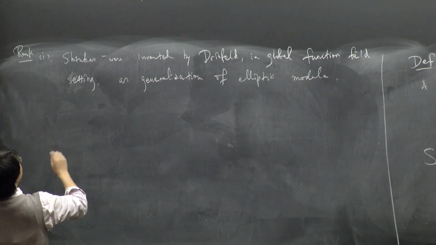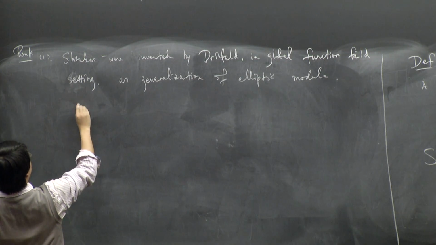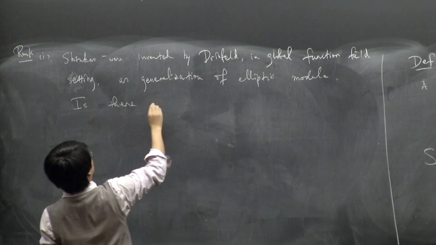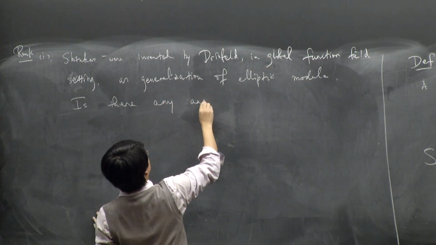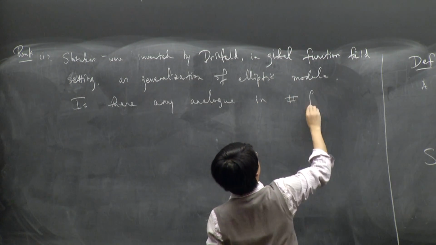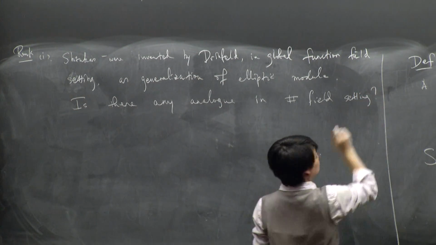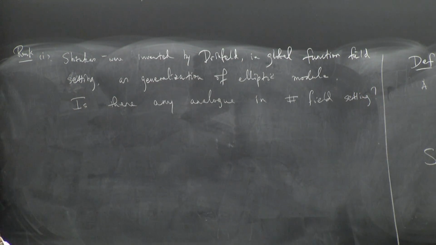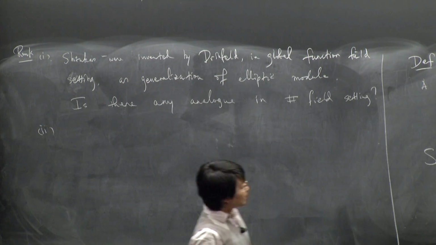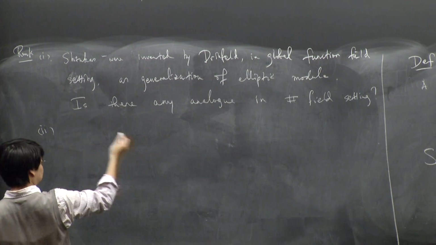However, the question is, is there any number field analog? Unfortunately we don't know at the moment. In fact, what I define is a very special kind of Shtukas.